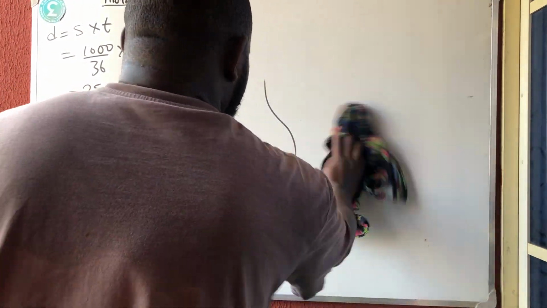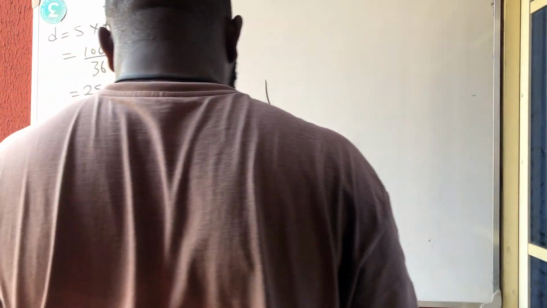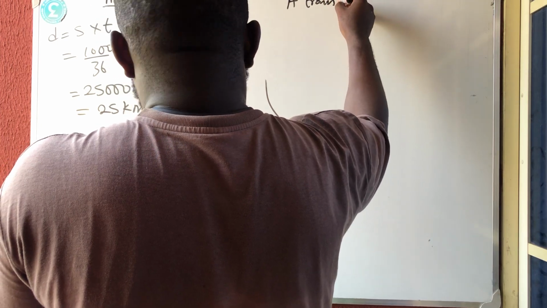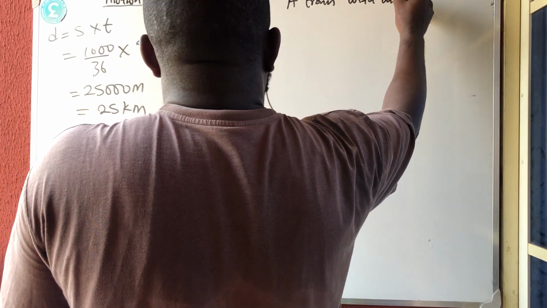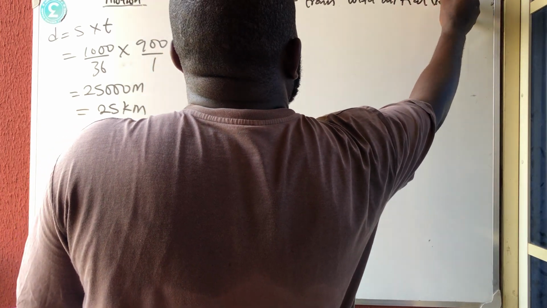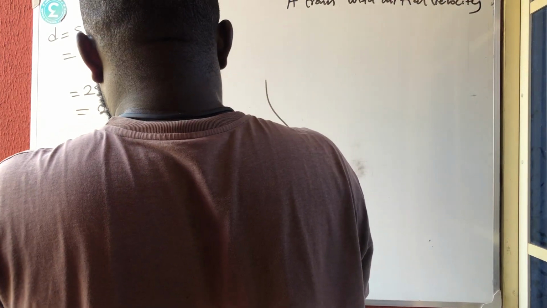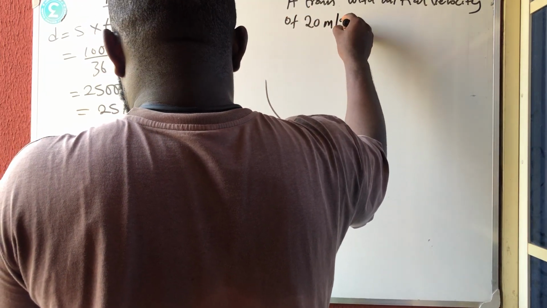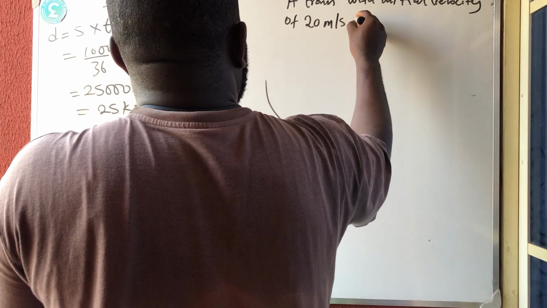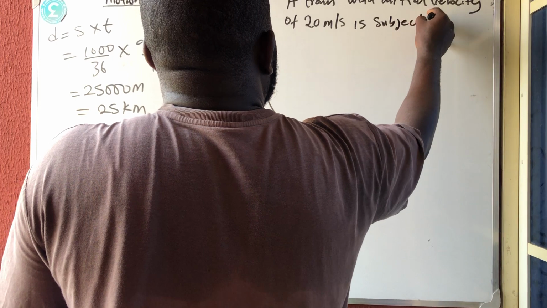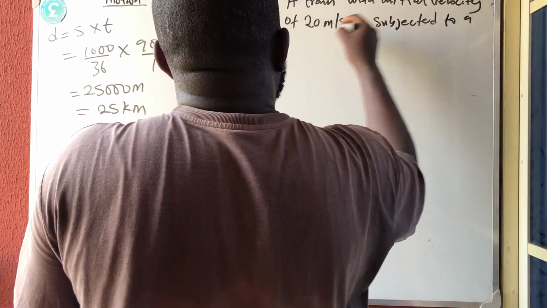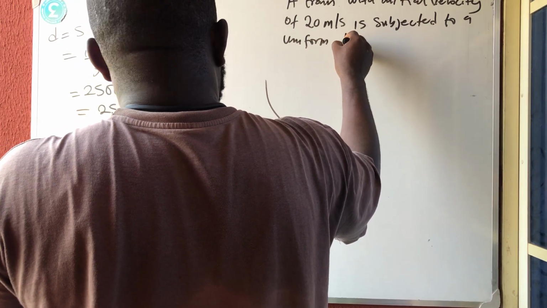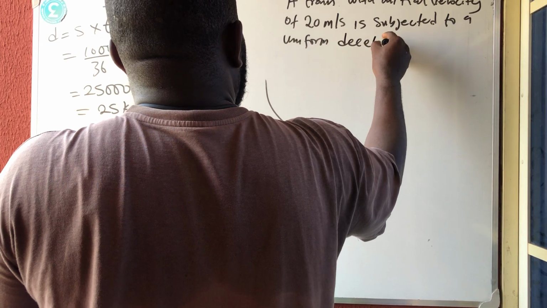See, this thing is very, very simple, and you will enjoy it. Number 5 says a train with initial velocity of 20 meter per second is subjected to a uniform deceleration.